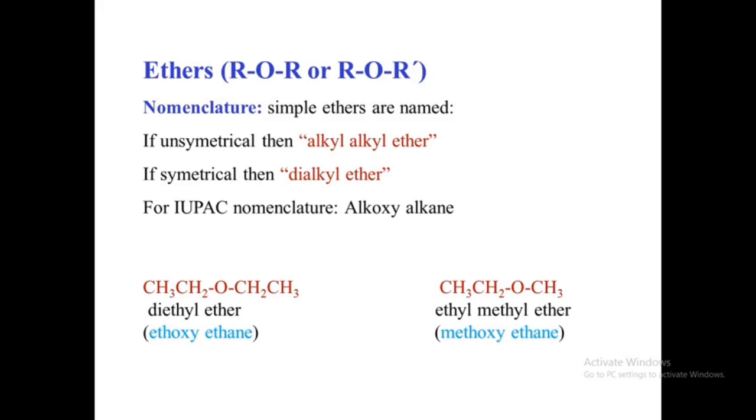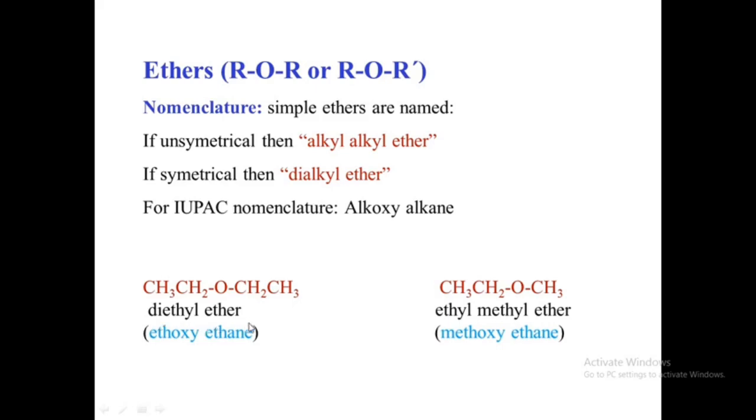So these are the ways of writing the common name of ethers. But for IUPAC names, the name is given as alkoxyalkane. Always remember, the part having the higher number of carbon atoms is considered as the alkane, and the other part having the lower number of carbon atoms is considered as alkoxy along with the oxygen. The first one is diethyl ether.